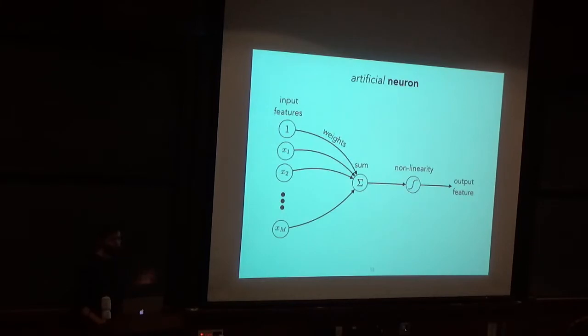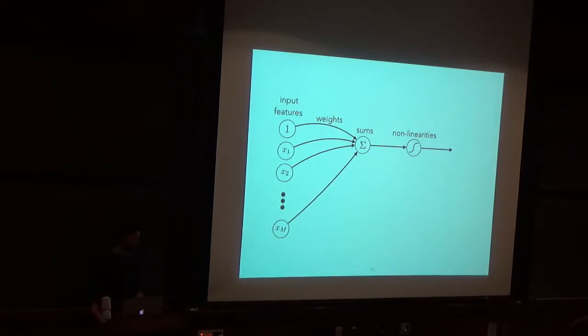But they're loosely inspired by biology, where you have some set of input features here, x1 through xm, and then I've also tacked on this additional bias feature, which we'll just set to 1. We have a set of weights denoted by these arrows here. Those lead into a weighted summation of your inputs. And then we're going to apply a nonlinear function to this summation, which will give us an output feature.